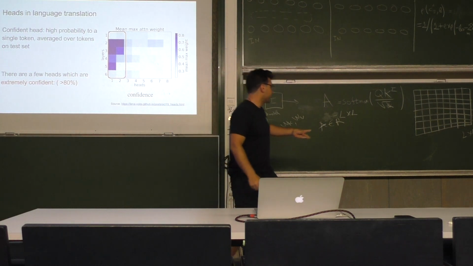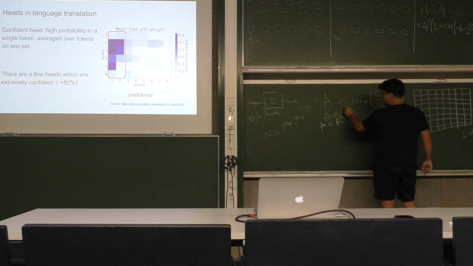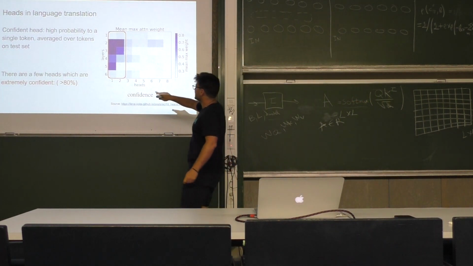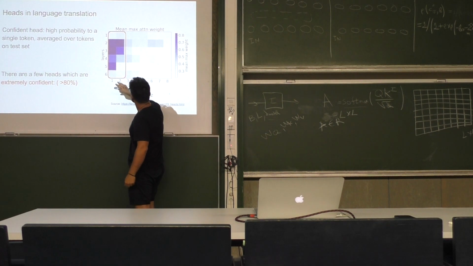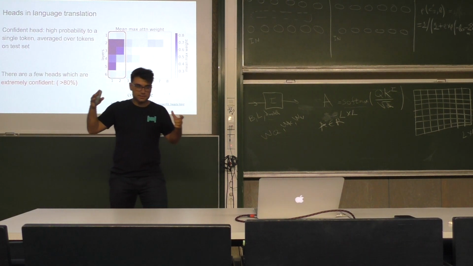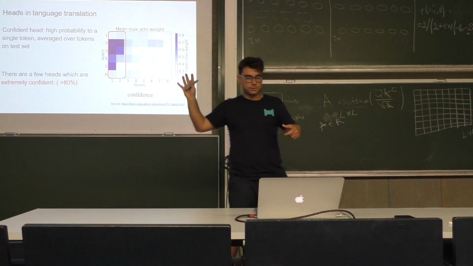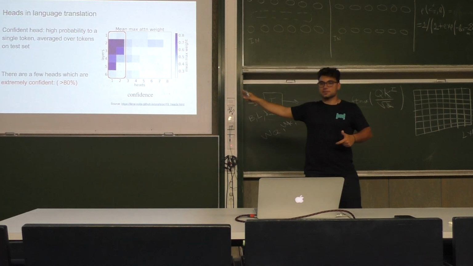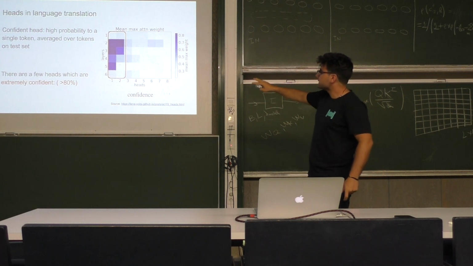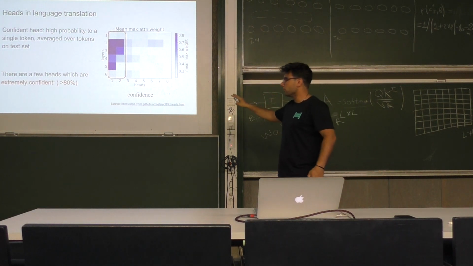Since you have the softmax, everything is from 0 to 1 all the time, and you can already identify some patterns. You can already identify that some heads, even in natural language translation, which is still supervised training where we try to translate from one language to the other, become extremely confident.